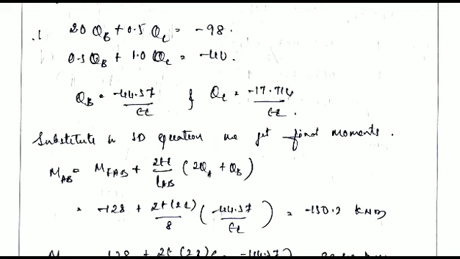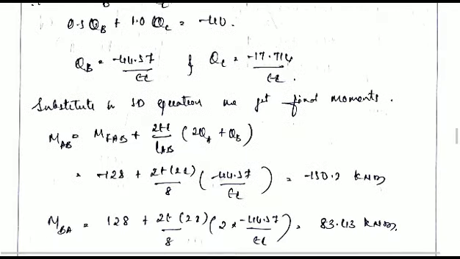First, member AB. The final moment at joint A will be MAB equals MFAB plus 2EI divided by LAB, bracket of 2 theta A plus theta B. Since there is no deflection, delta will be taken as 0 here. Substituting the values, the fixed end moment at A is minus 128, plus 2EI, where I is 2 times I, divided by 8, that is the span AB, and theta A is 0 since it is a fixed end.